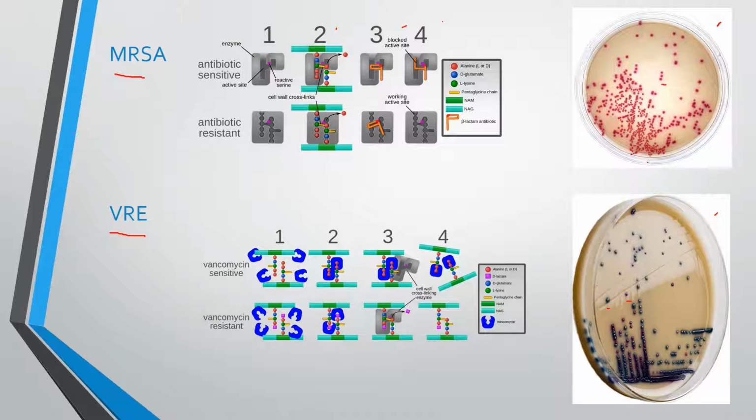You can get growth of several organisms on that, but if it grows on this and it is mauve in color, mauve, not pink, then it is likely an MRSA. You just have to do the catalase and the coagulase to prove that it's actually a Staph aureus. There are other things that can grow in this. Enterococcus can grow on it, yeast can grow on it, even other staphs, but they won't be mauve.